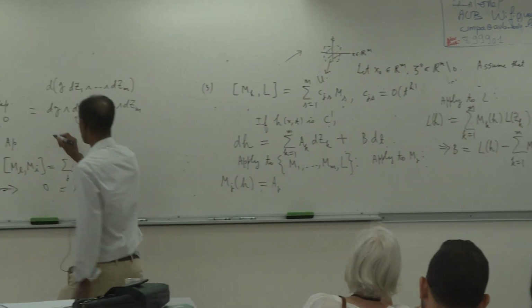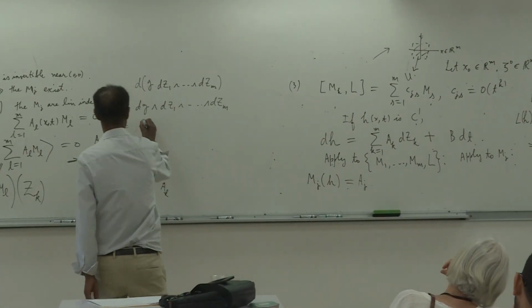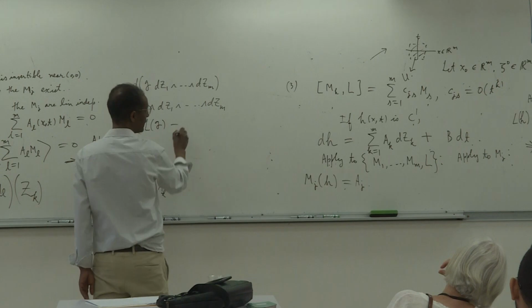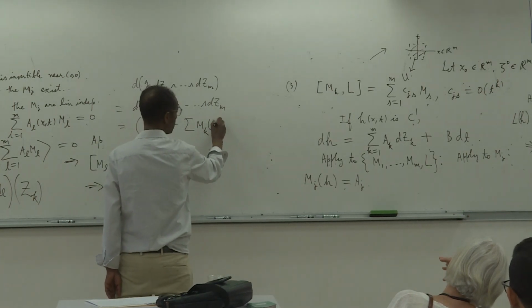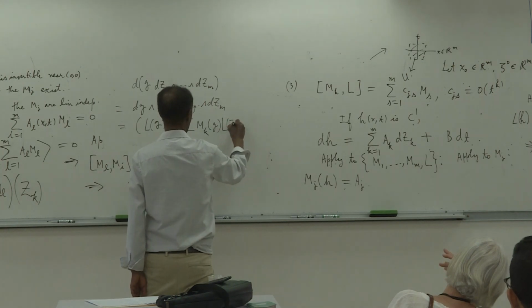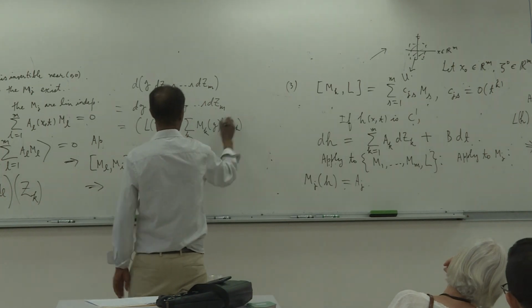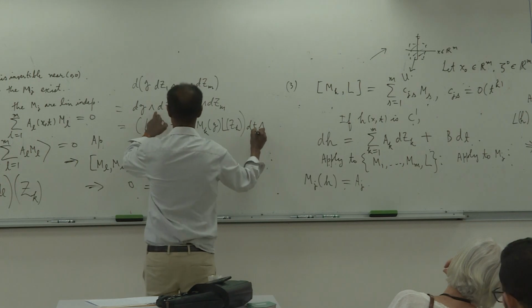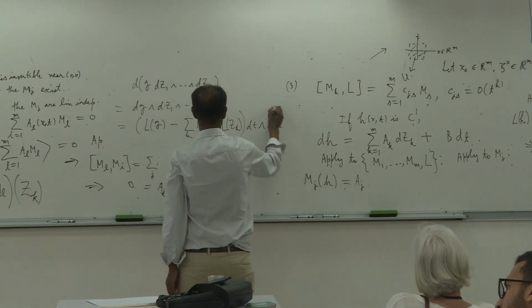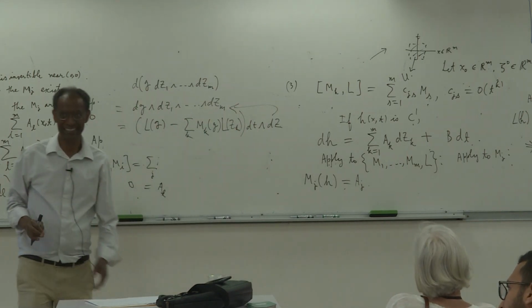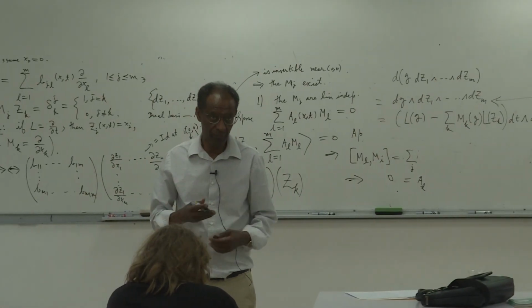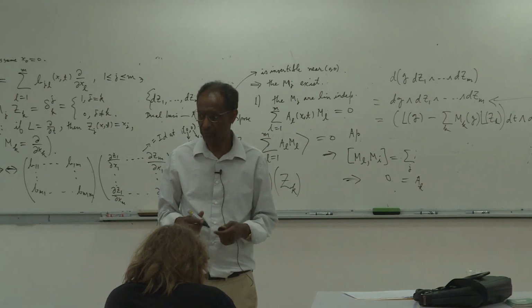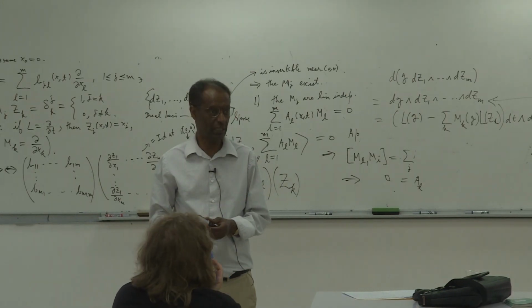And so what I get is L of G minus the sum of Mk of G times L of zk, dt wedge this, which I will call dz simply. Okay? This is what I'll use. I'll go over it when we start basically integrating by parts or using the deformation technique.